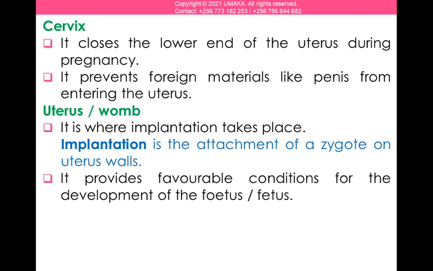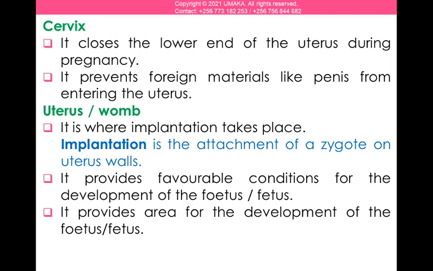We call it a fetus. So a fetus is a zygote of 8 weeks and above. Then a zygote is a result got after fertilization, or a fertilized ovum, or a fertilized female gamete.